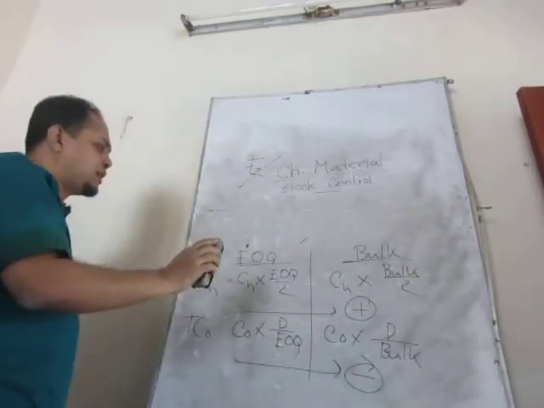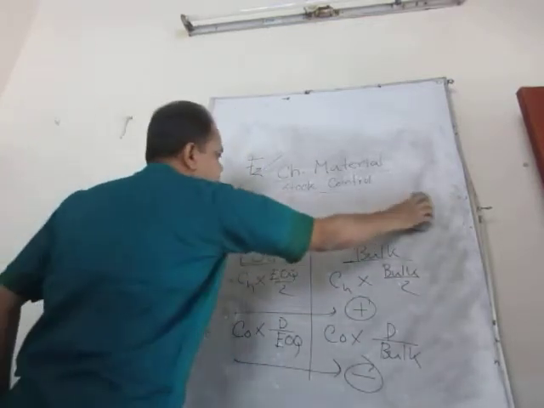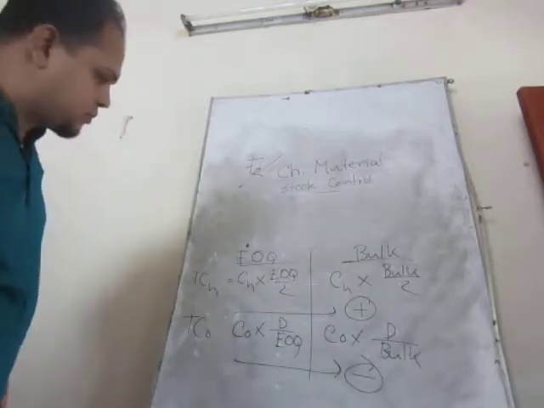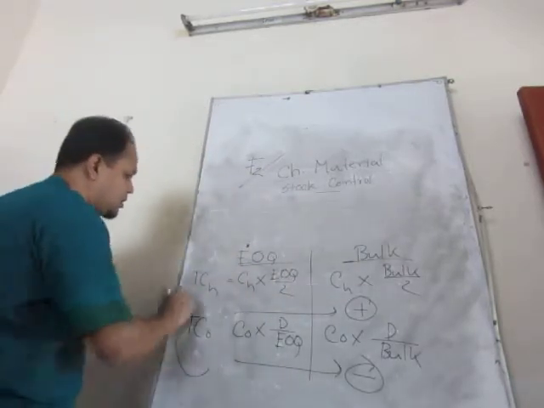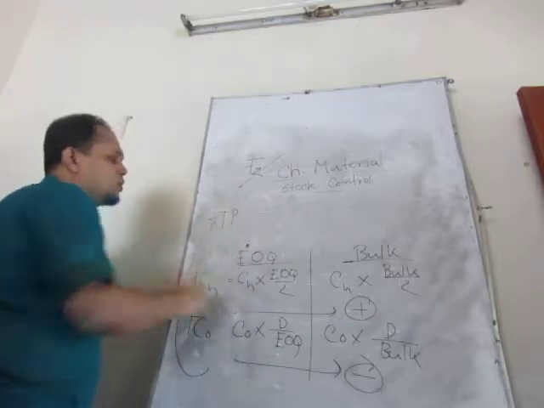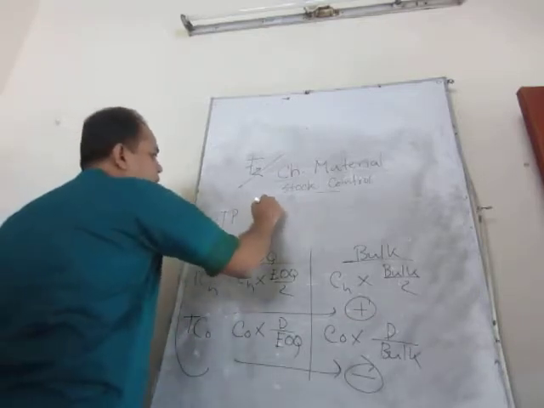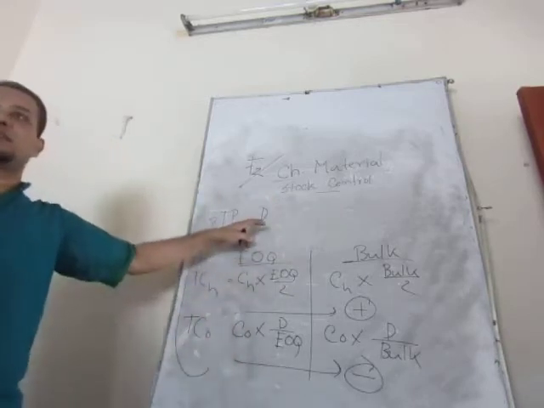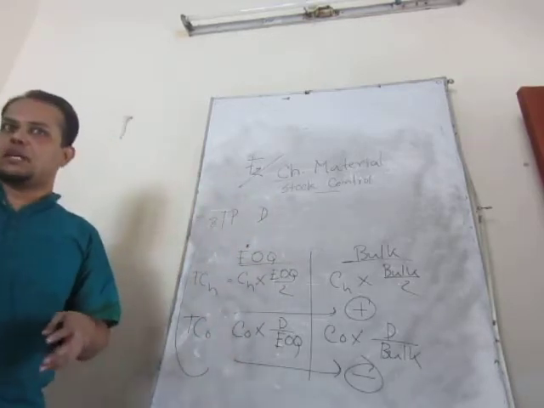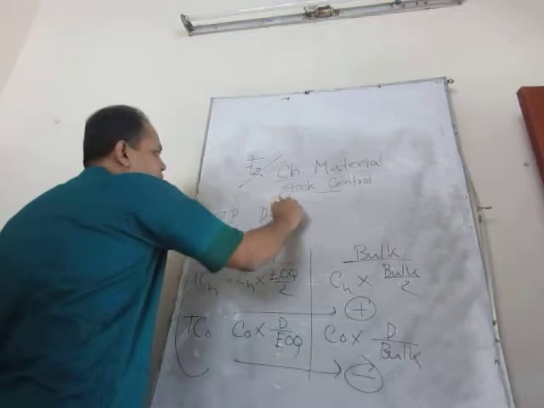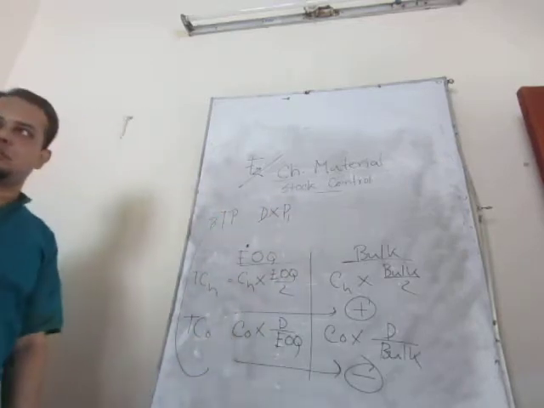And end of the day, TP, total purchase price. Here in a year you are purchasing this amount according to your demand, right? Into purchase price per unit.